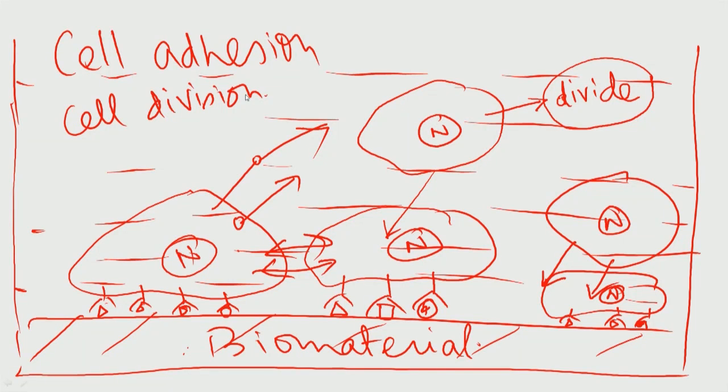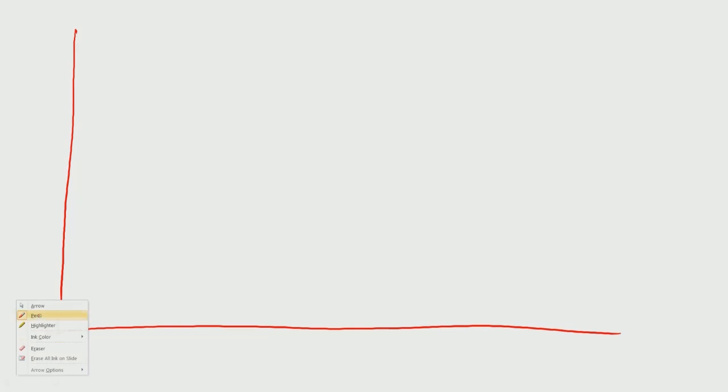Let me explain this particular point a little bit more. Suppose you are culturing cells at a given time point, and you start the cell culture process, and this is your cell numbers.